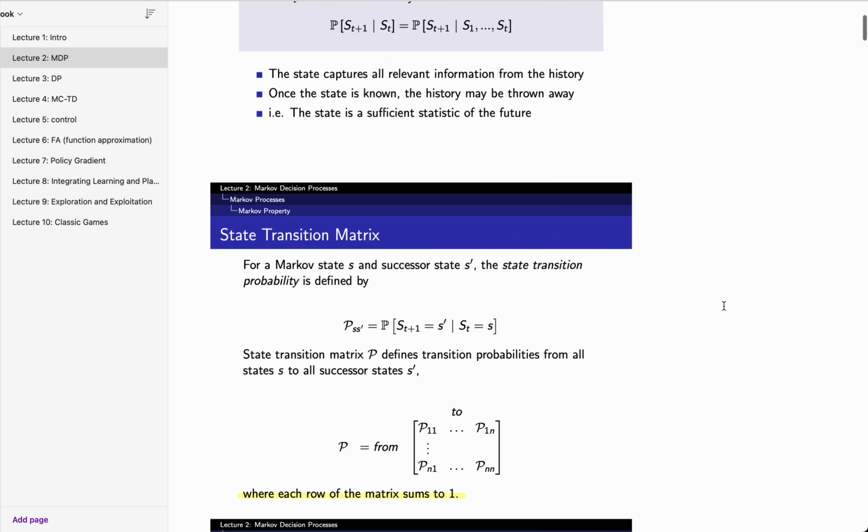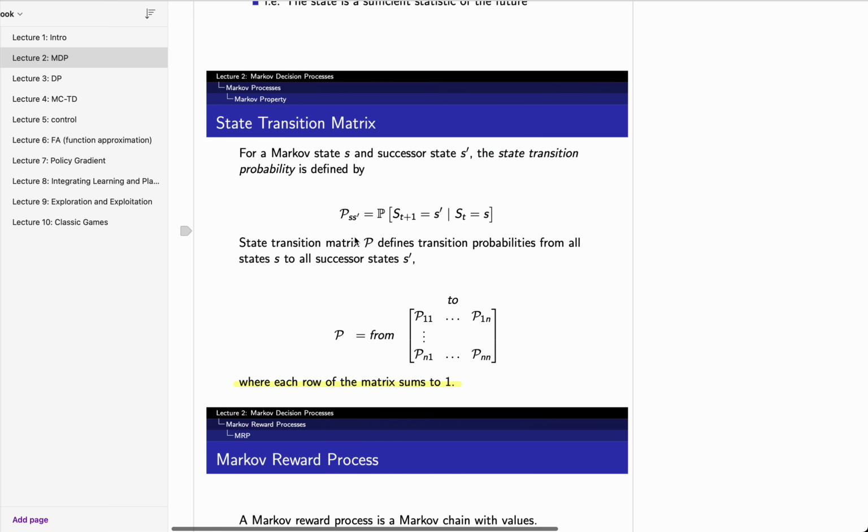So this is a state. This is P_SS', called the state transition probability matrix. It defines, if moving from state S to state S' from time step t to time step t+1, what is the probability? If the environment is known, I can build such a matrix.